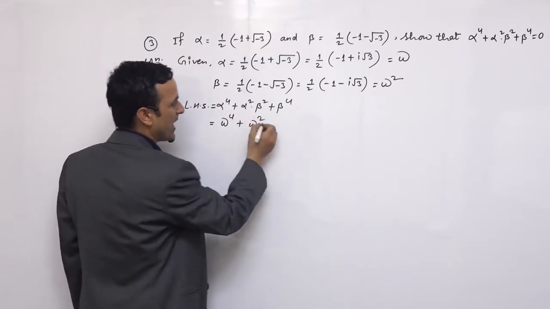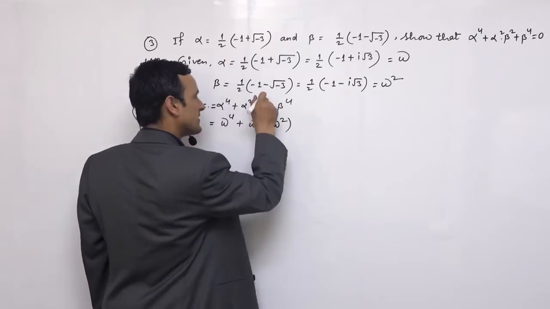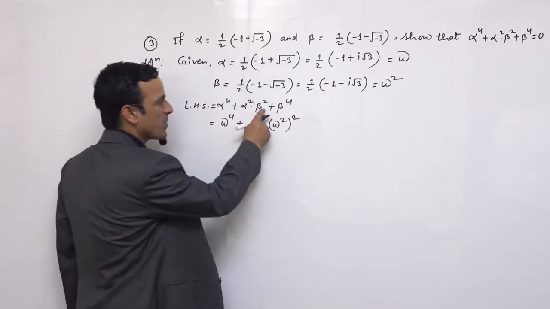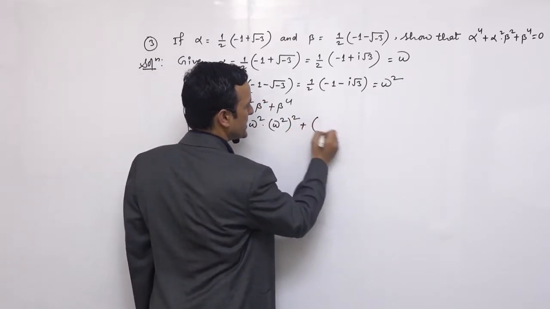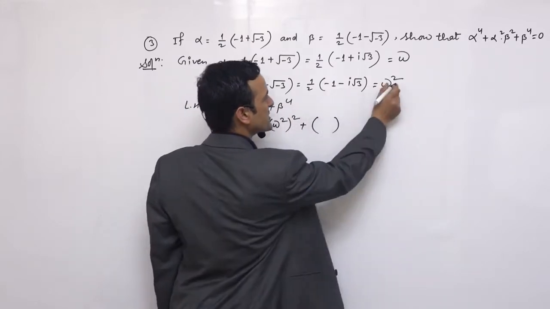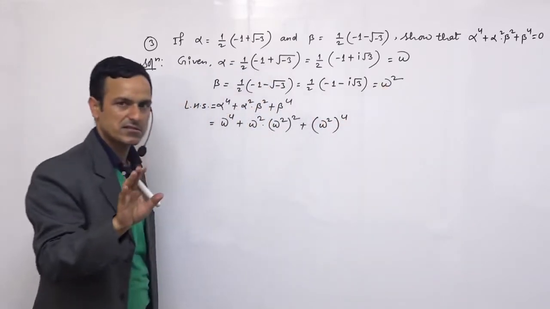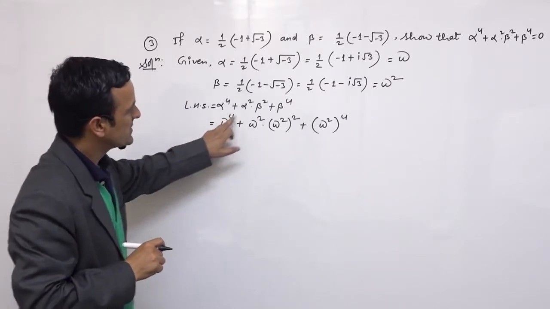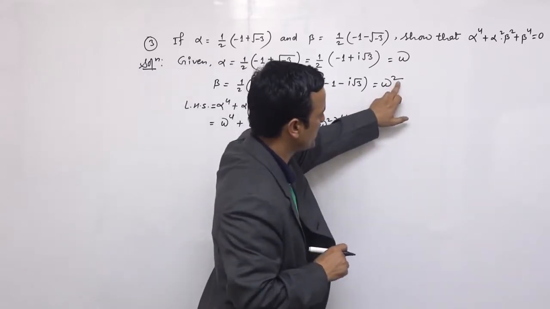Beta means omega square, and this square goes to the power. The square remains the same, and beta means omega square, and power 4 is the same. Wherever there is alpha, put omega; wherever there is beta, put omega square according to the information.